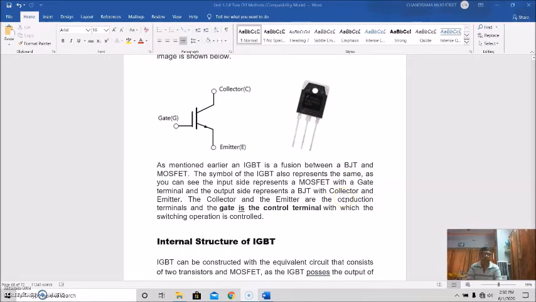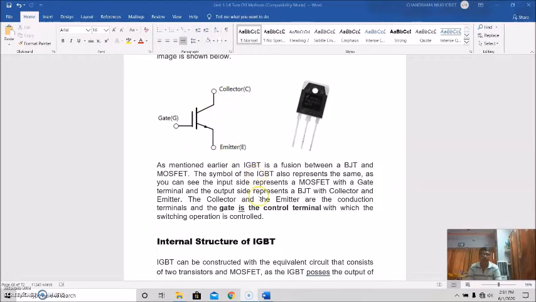As I told you, IGBT is a fusion between BJT and MOSFET, and the symbol of IGBT represents the same. See, the input side represents the MOSFET with the gate, and the output side represents the BJT with collector and emitter.